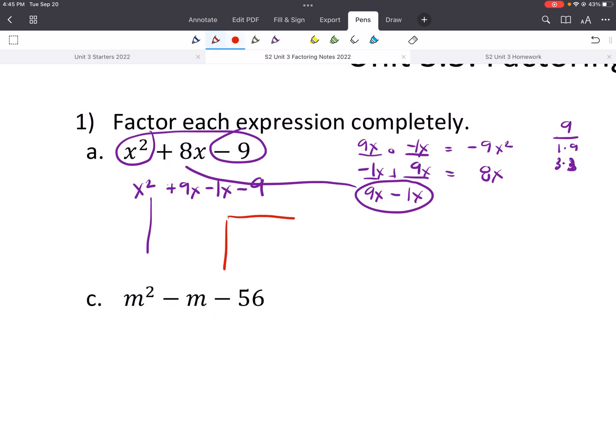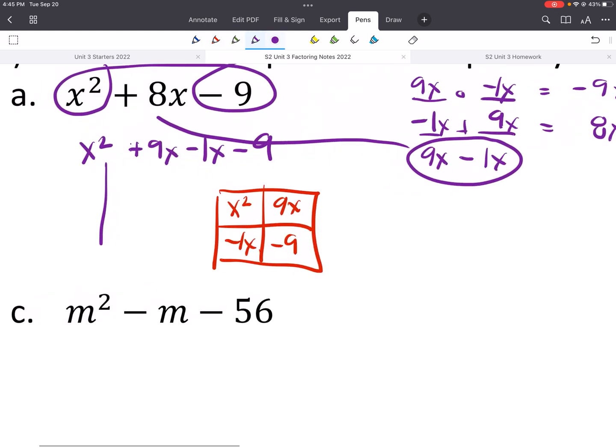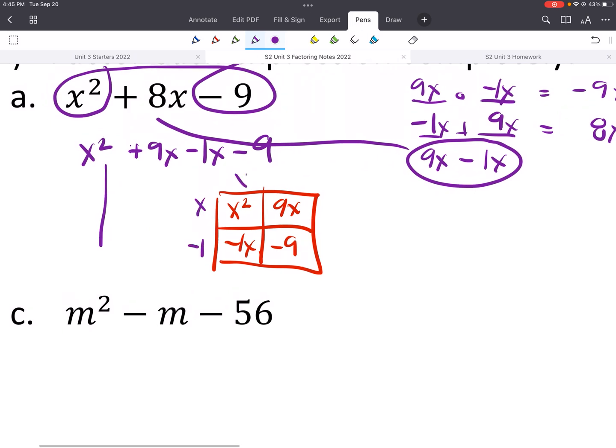For the greatest common factor, it looks like we could take out an x and a negative 1, an x and a 9. So our answer would be x minus 1 and x plus 9.